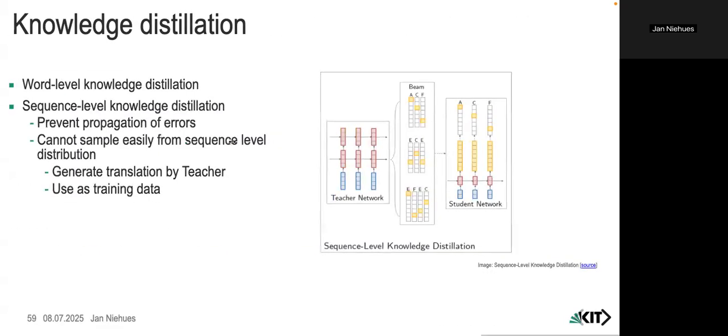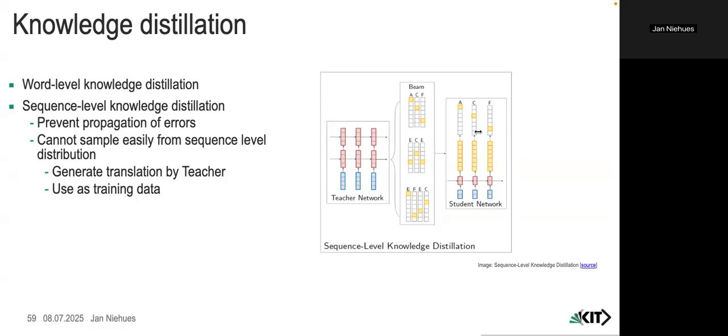And therefore, there are additional ways of doing it. One is what is called sequence level knowledge distillation, where you're ignoring the ground truths. You're just generating output with the teacher network, taking the best possible output, and using that as the teacher.